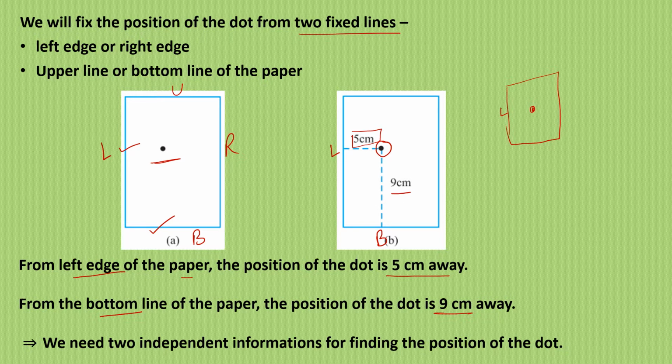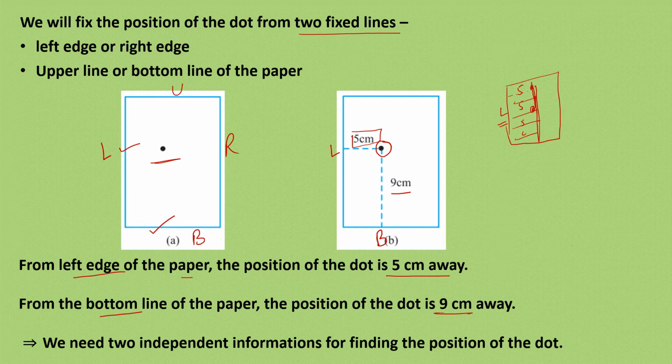So 5 centimeter means 5 centimeter. If it is here, it can be here also, all are 5 centimeter. It can be here also, anywhere on this line, because all are at a distance of 5 centimeter from the left edge. So if we fix its position from one line only, we cannot find out the exact position of the dot.